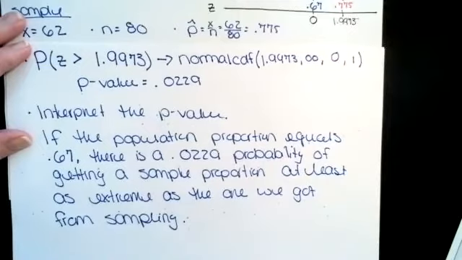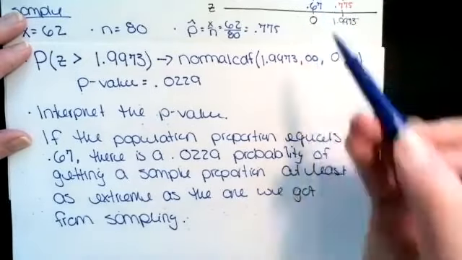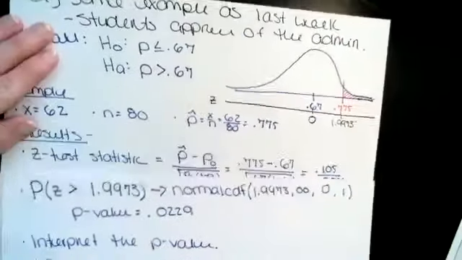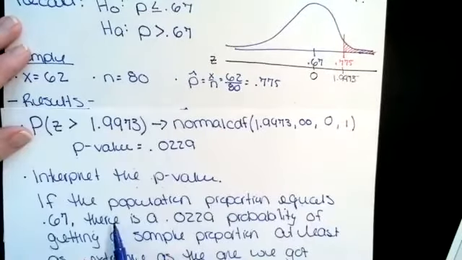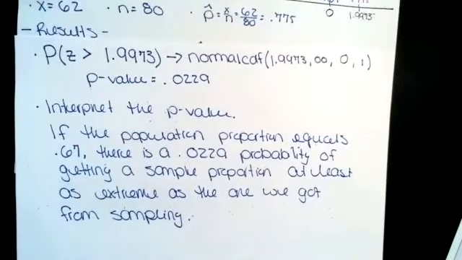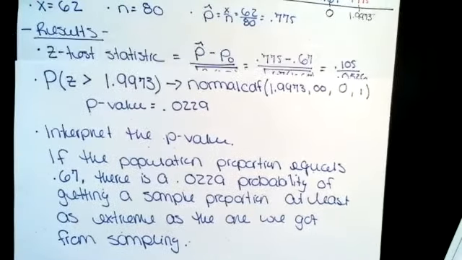That's what it's saying, based on the center being 0.67. My calculation for my Z-test statistic was based on the center being that 0.67, so that's why we state that here. Those are the 4 parts to the 4th step of my hypothesis test.